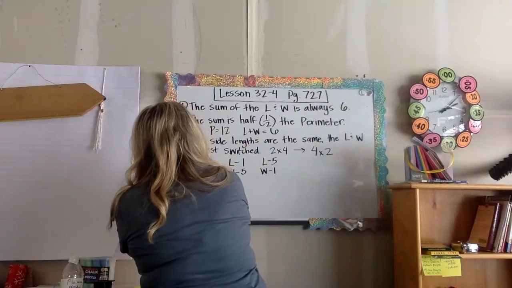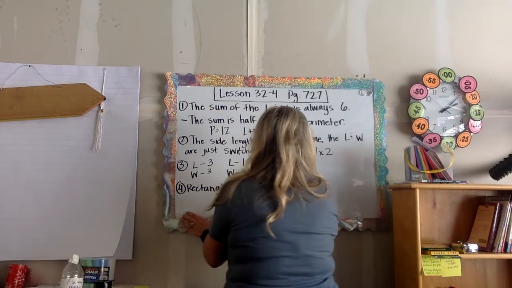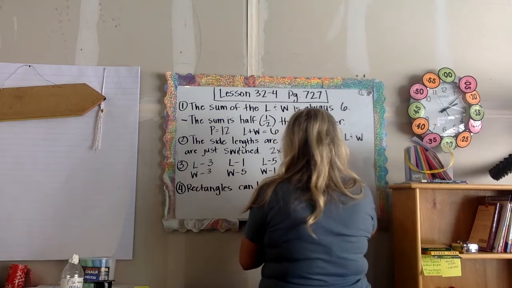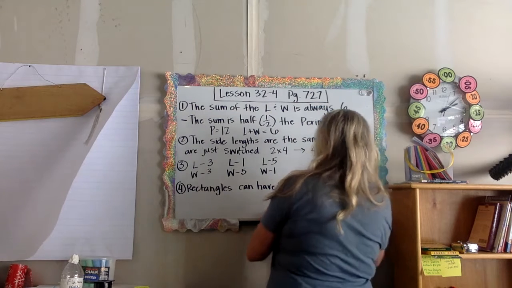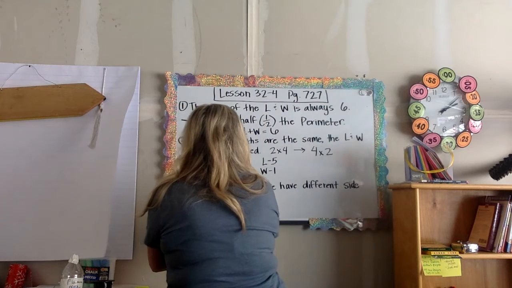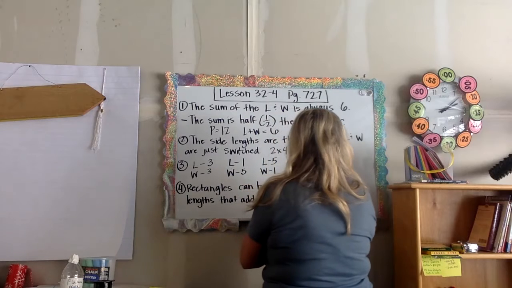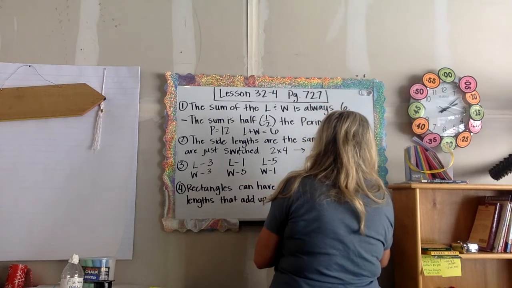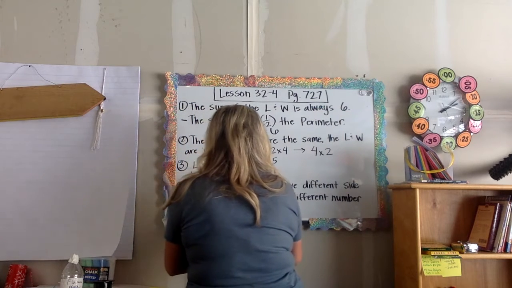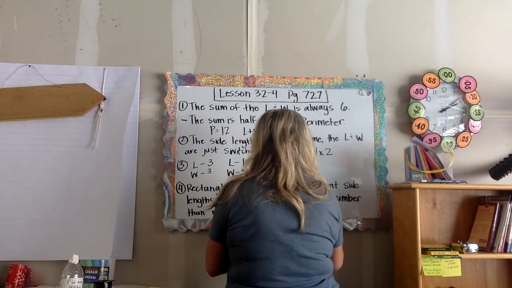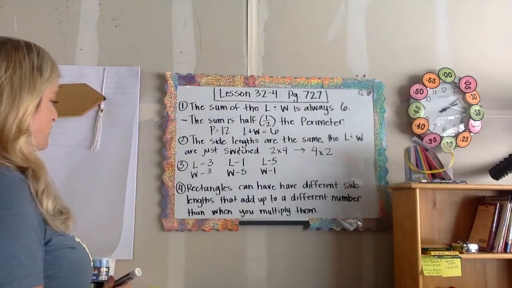So number 4, rectangles can have different side lengths that add up to a different number than when you multiply them.